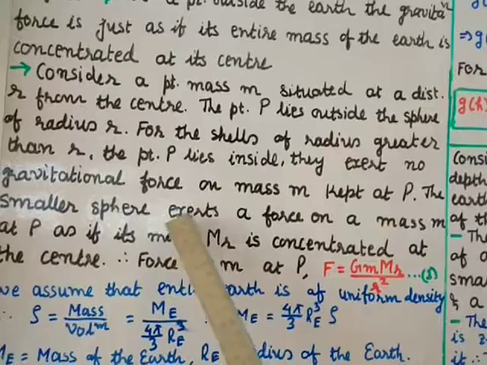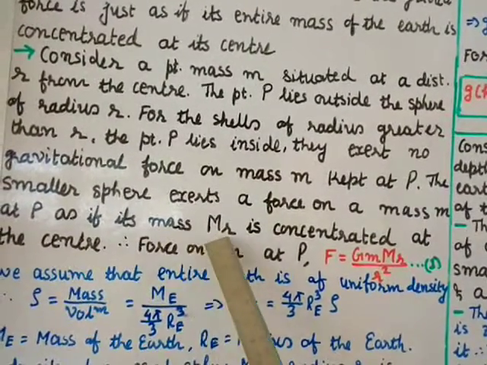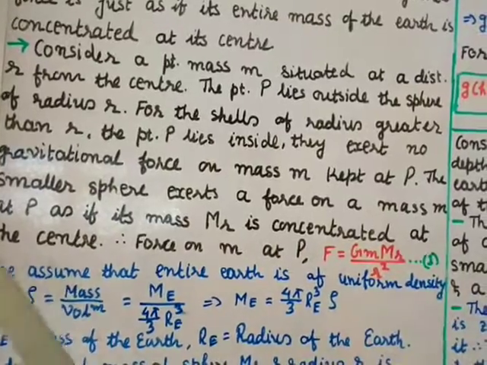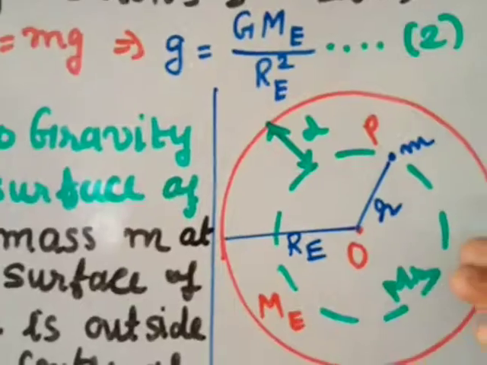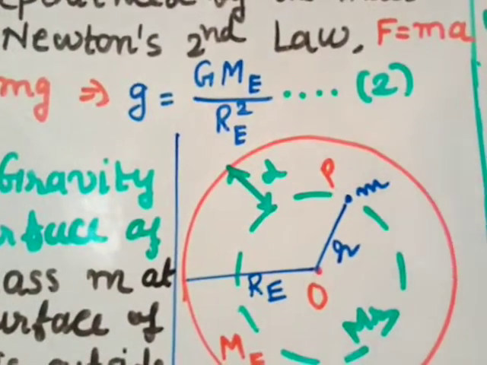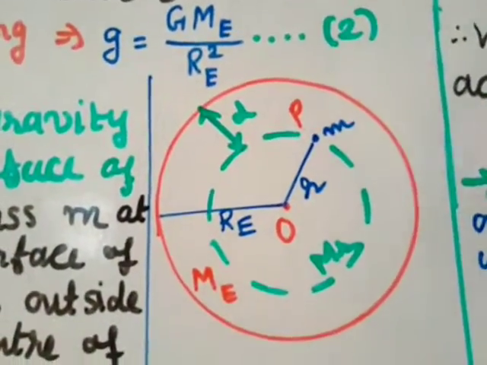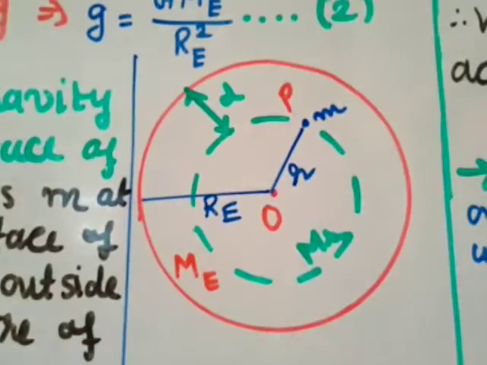The smallest sphere exerts a force on a mass m at P as if its mass Mr is concentrated at the center. So this inner part will exert some force on m, and that will be the gravitational force, right?